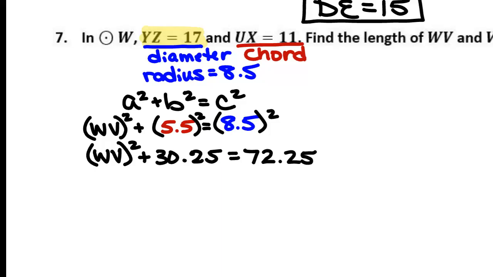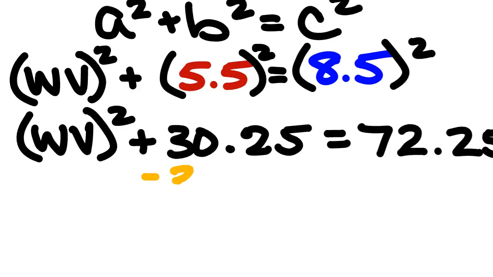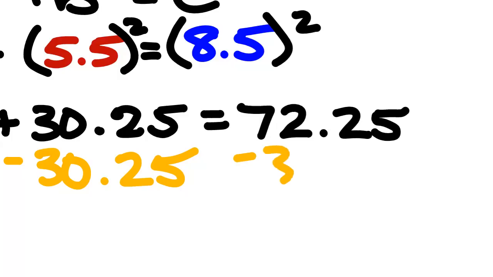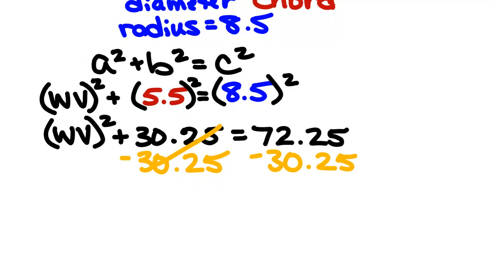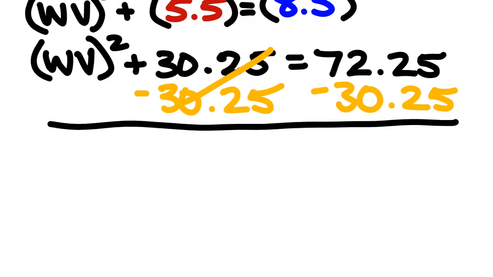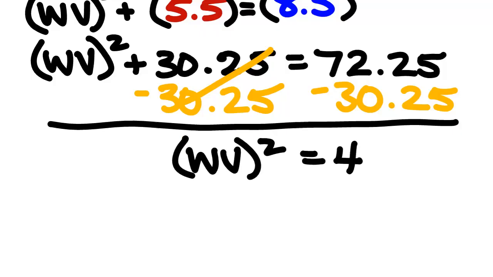So then I'm going to subtract 30.25 from both sides. What is 72.25 minus 30.25? 42. So I have WV squared equals 42.